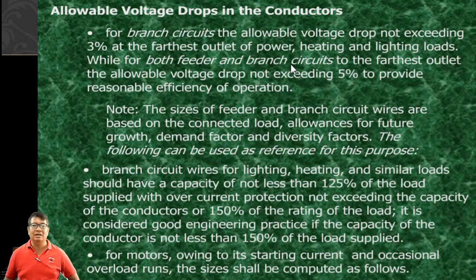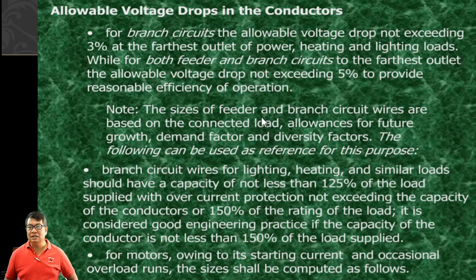Okay, so yun ang how you're going to compute, no? For both feeder and branch circuits to the farthest outlet, the allowable voltage drop is not exceeding 5% to provide reasonable efficiency of operations. Okay, so sa mga branch circuits natin.